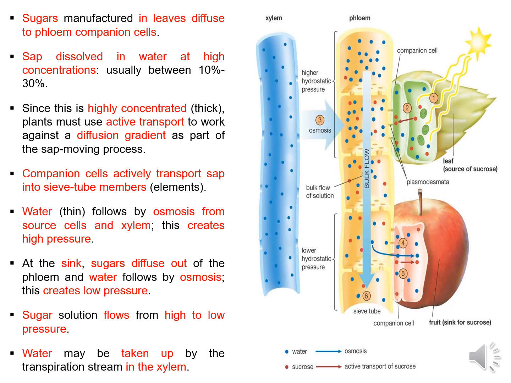This is certainly because of the biological theory of solute transport: whenever solutes need to be transported against the concentration gradient, they require energy because they are now moving against a diffusion gradient. The companion cells will actively transport the sap into the sieve tube of the phloem.